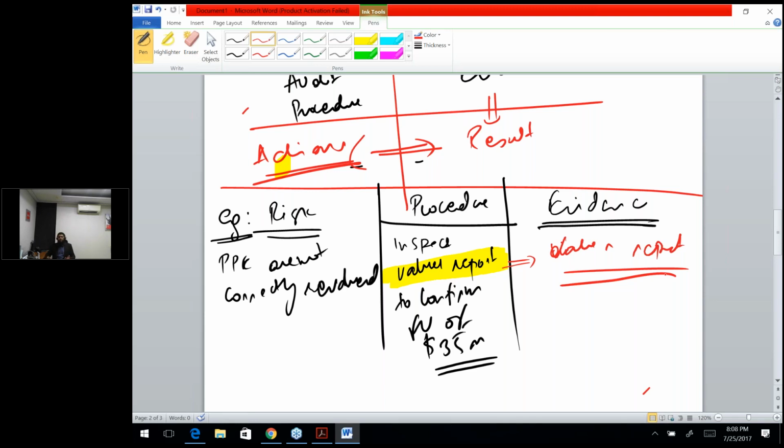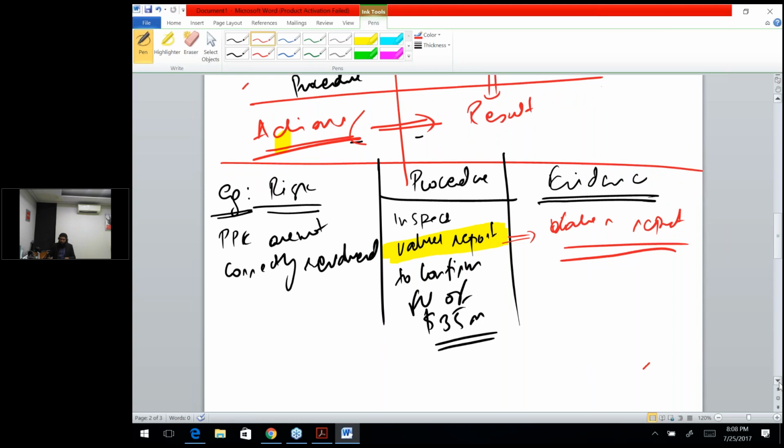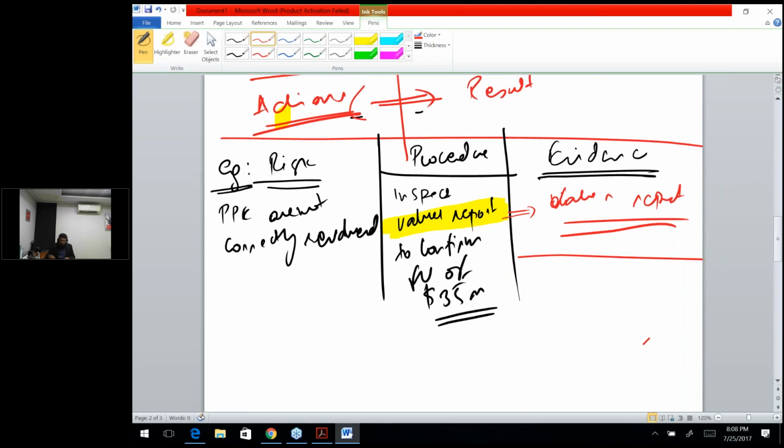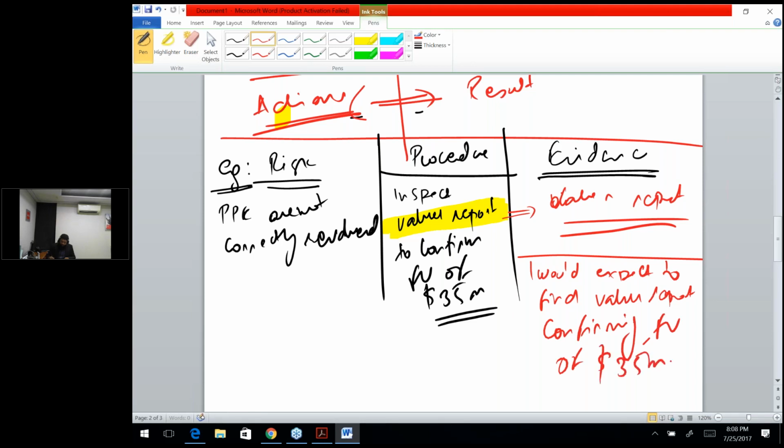So the examiner says, state the audit evidence that you would expect to find in your review of the working paper. How would you write down the answer? You would say, I would expect to find a valuer report confirming fair value of $35 million.